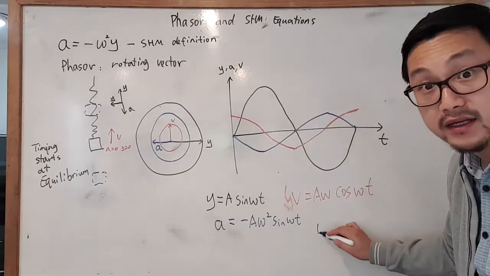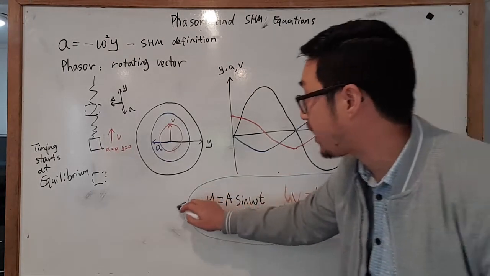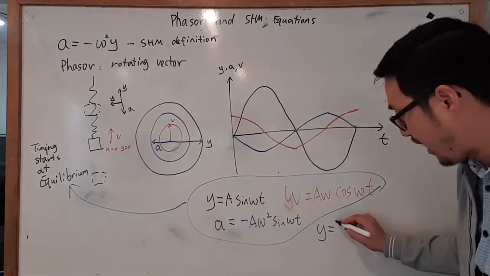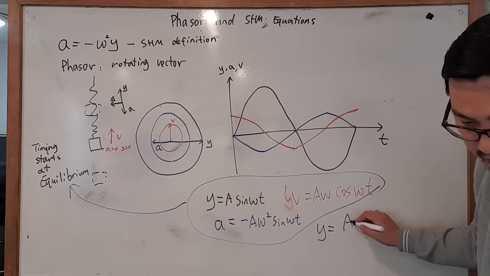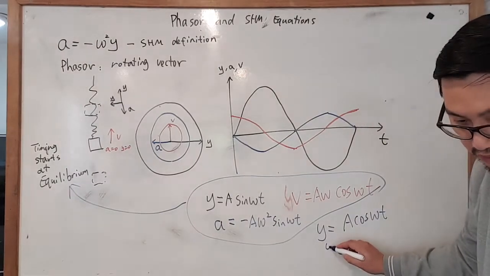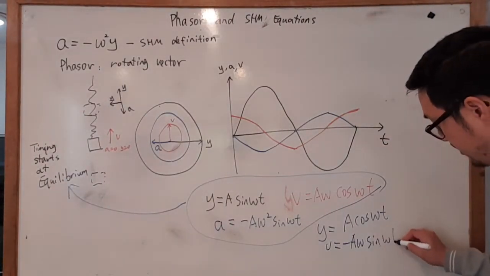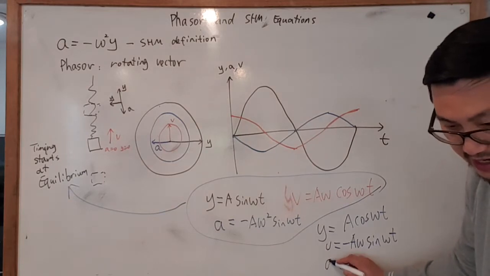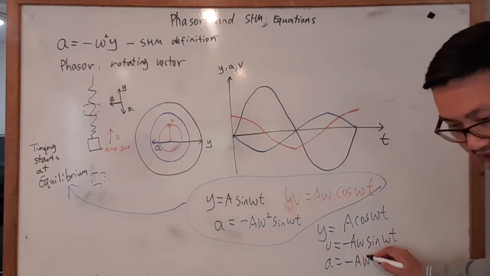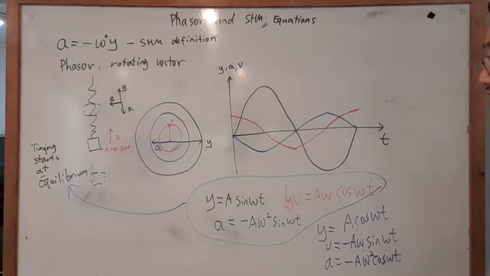So y is going to equal a cosine omega t. Then v is going to be negative a omega sine omega t. And then a is going to equal negative a omega squared cosine omega t.